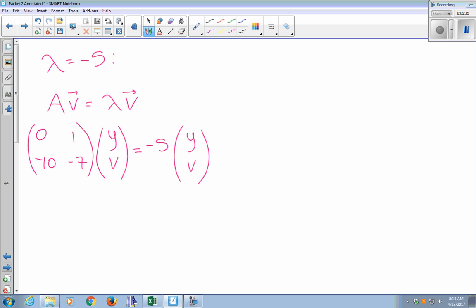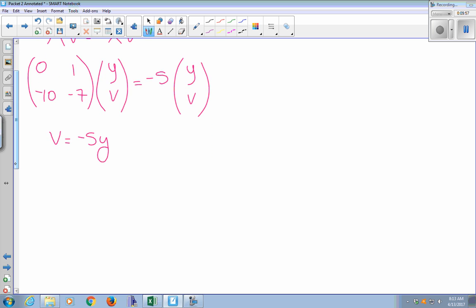Okay, so this says 1v equals negative 5y. And negative 10y minus 7v equals negative 5v. It's going to be the same, an equivalent equation. So let's come up with a vector that satisfies this. 1, and negative 5. Yeah, if y is 1, v is negative 5.